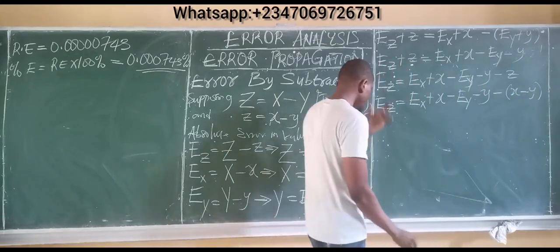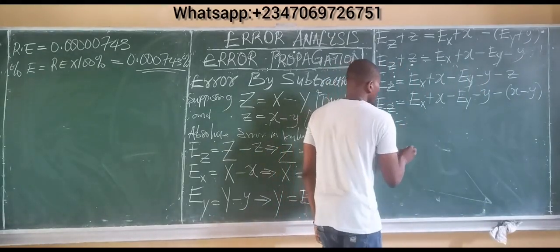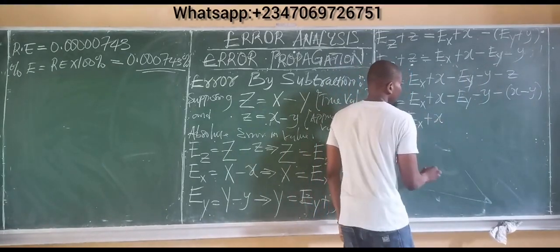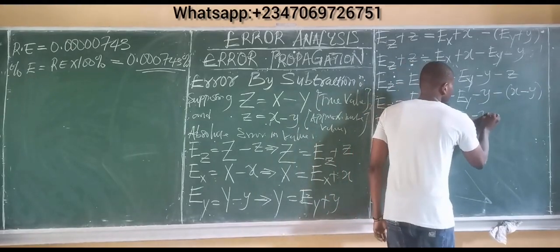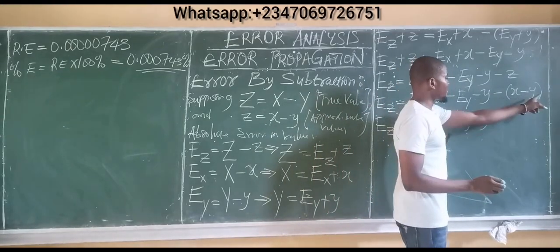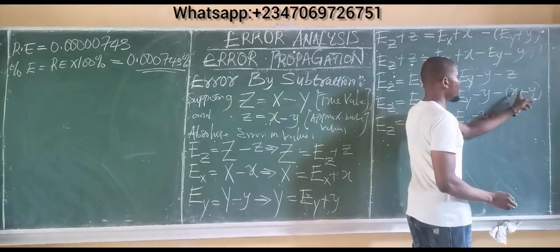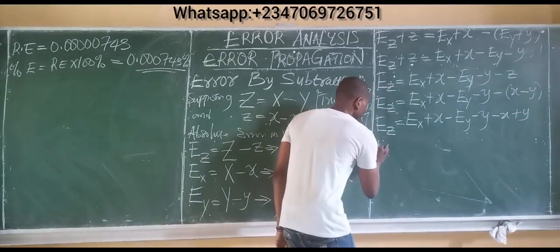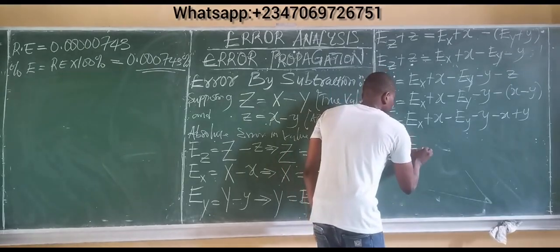So let's expand that bracket with the negative sign. Error in z equals error in x plus approximate value of x minus error in y minus approximate value of y, minus x, and negative times negative y becomes positive y. So error in z is equal to error in x.